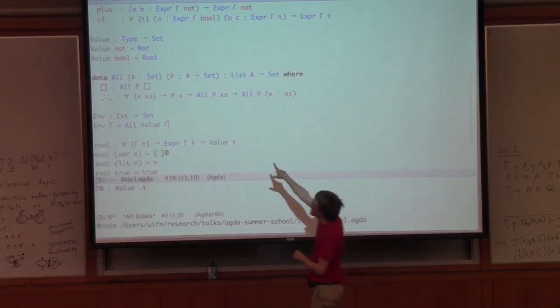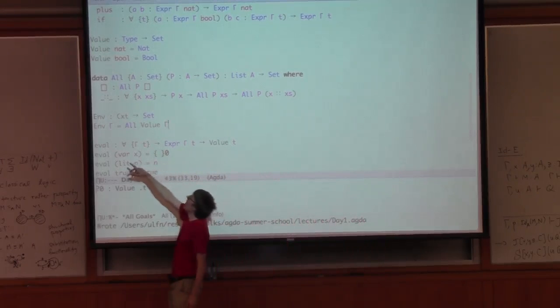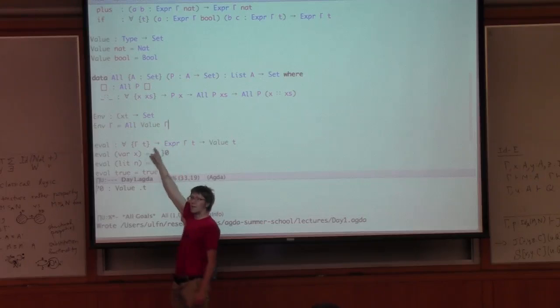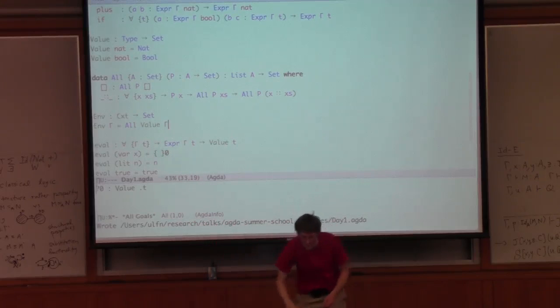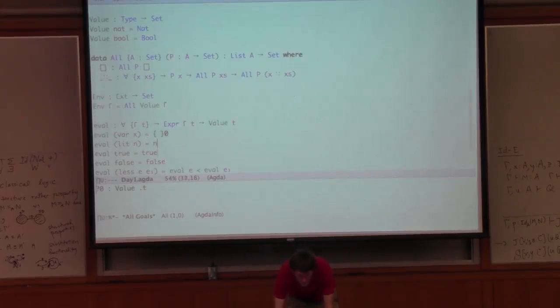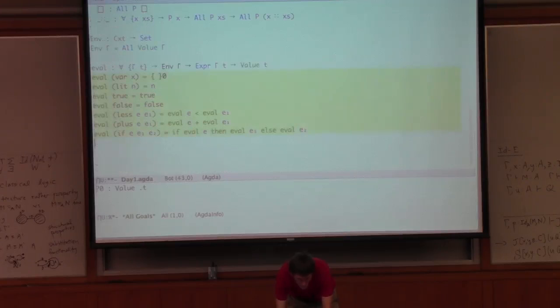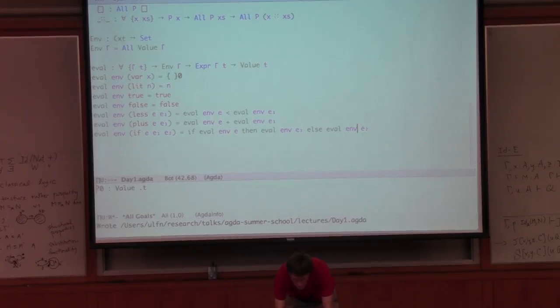So we're saying an environment for gamma is just a value for each element in gamma. And then we're going to need to put environments here. And then let's do search replace. Like so, okay.